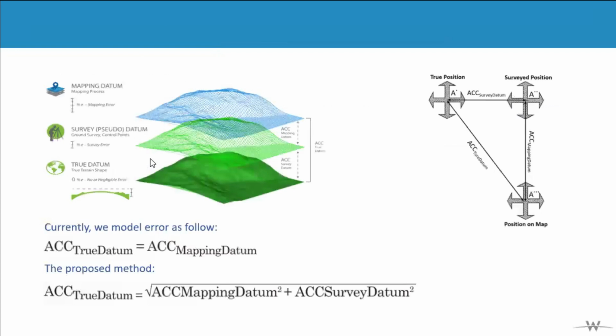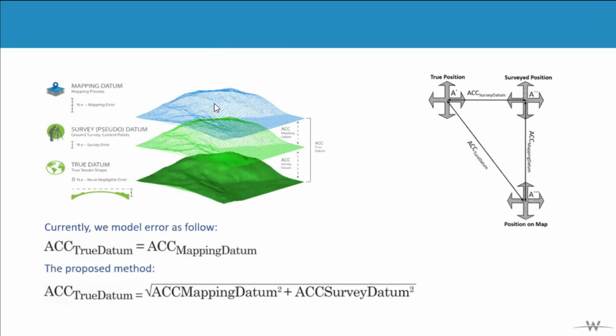So hopefully this graphic will illustrate how we are doing it and what we need to do. If you look at the blue mesh, that represents our maps, whether LiDAR or ortho.